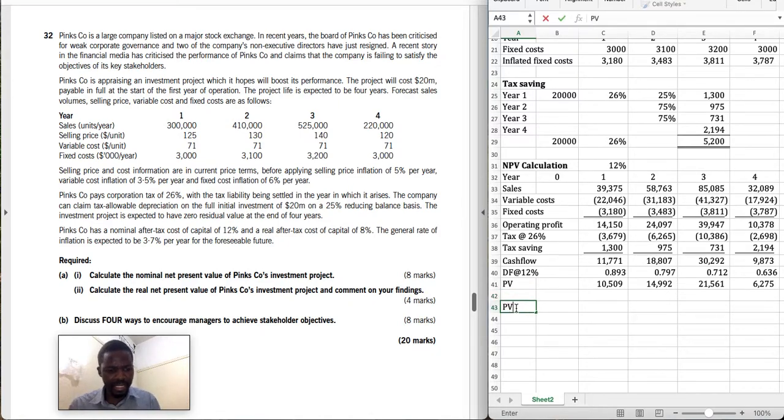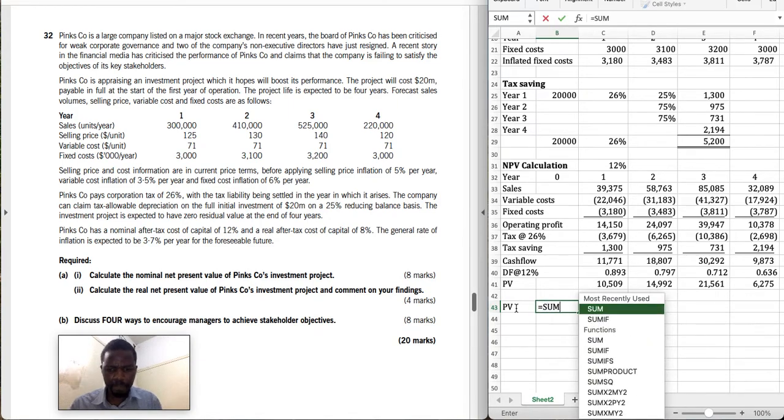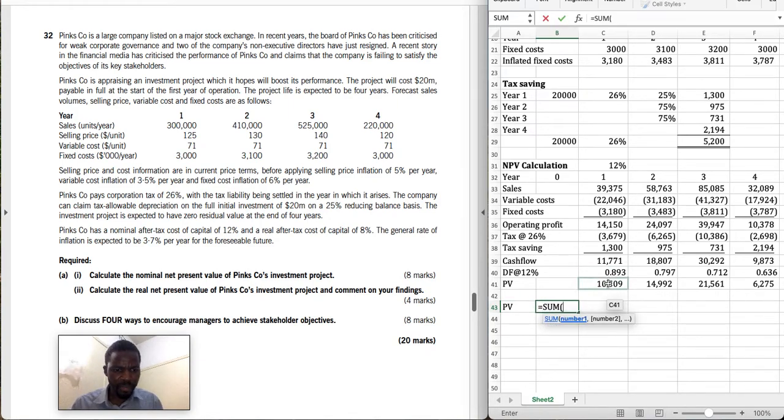Then we get the sum of the PVs. Sum of the PVs, then we less the cost of the machine, which is 20,000.